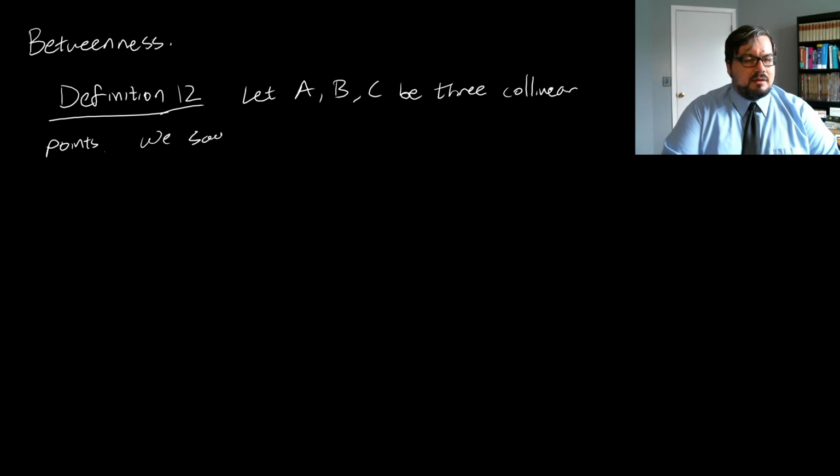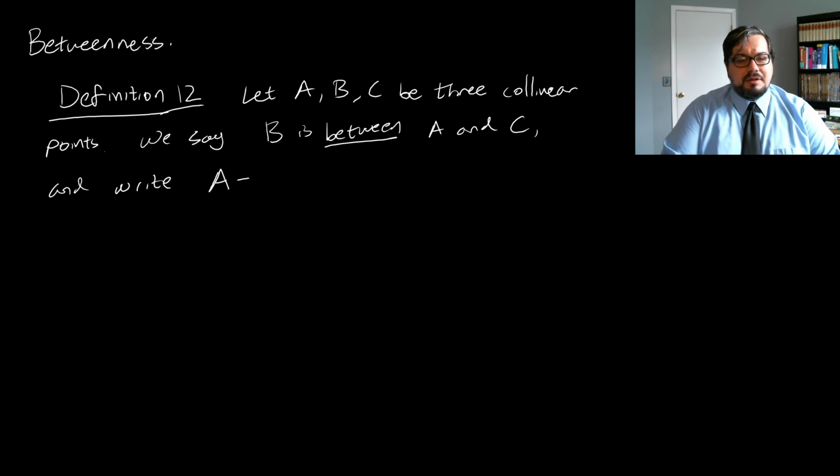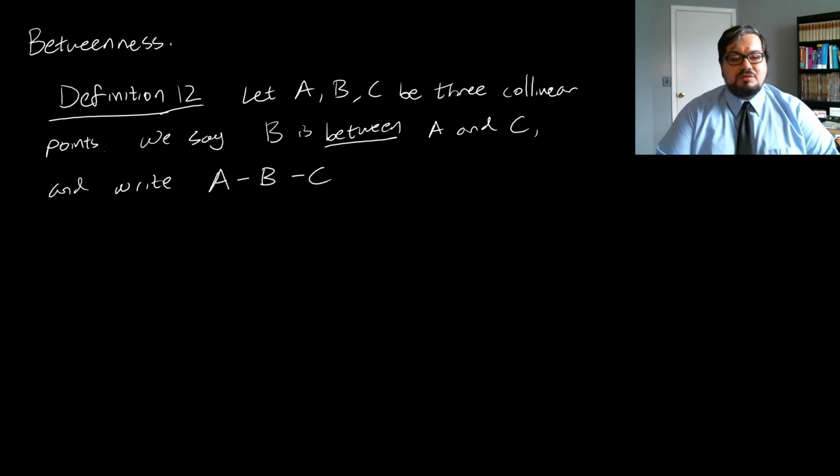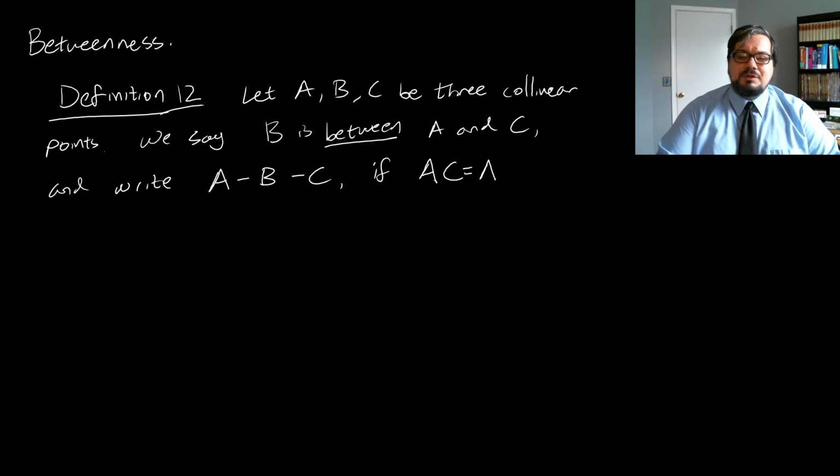We say that B is between A and C, and we write the notation A dash B dash C, or just ABC, if the following is true. If the distance from A to C is equal to the distance from A to B plus the distance from B to C.